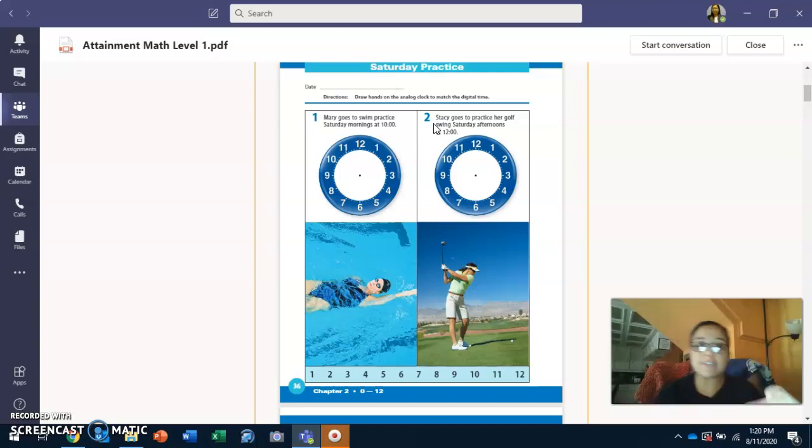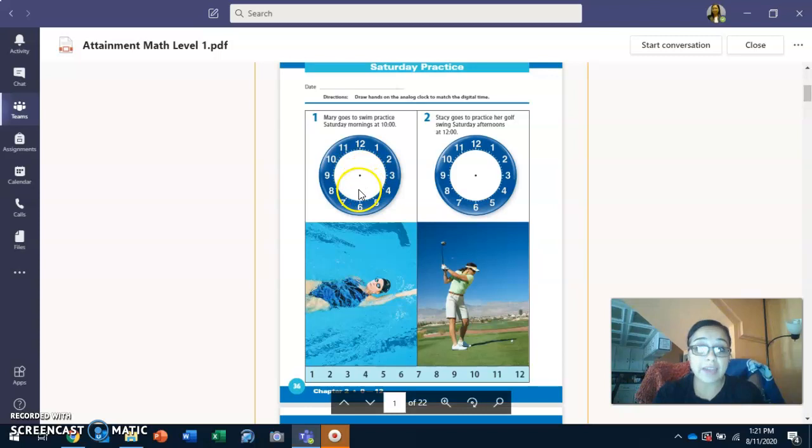Okay, so I said Mary goes to swim practice Saturday mornings at 9 a.m. How would you write that in the clock? So 9 a.m. First off, what is your hour? 9, yes. So if I'm asking you to do 9, where would your small hand go? Right here. So this would be your small hand.